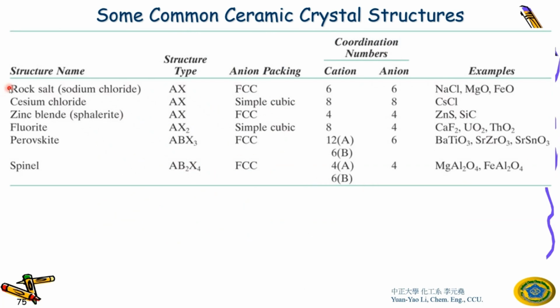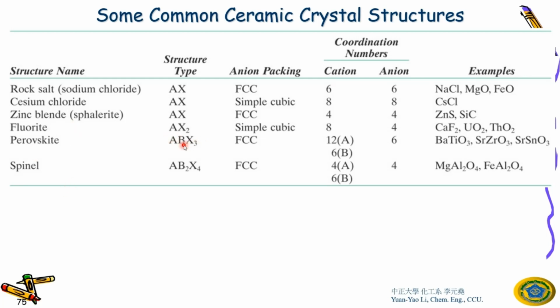When you know the structure, we call it rock salt. There are many names of the structures in ceramics, like rock salt, cesium chloride, zinc blende, and fluorite. And I'm sure you know this one. It's called perovskite. You know the solar panel, solar cell. The material we use for the solar cell nowadays, very high tech, is the perovskite structure.